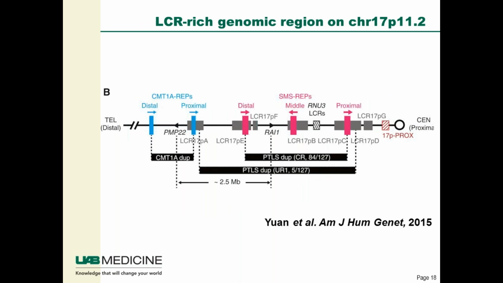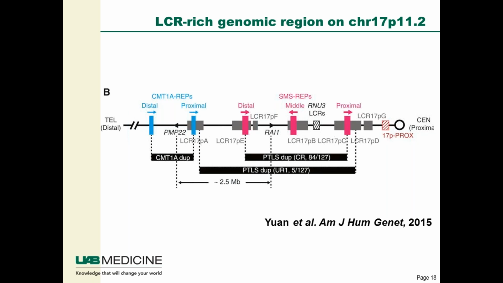And in collaboration with Dr. James Lupski at Baylor College of Medicine, we are working on a project that tries to study the mechanism of copy number variations on a low copy repeat rich genomic region on chromosome 17. There are five large low copy repeats with similarities over 98%.